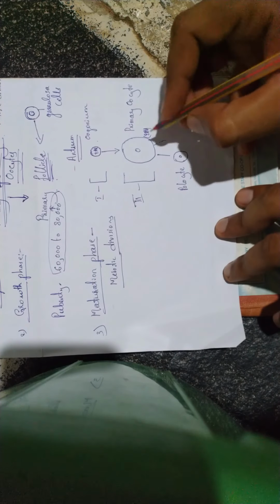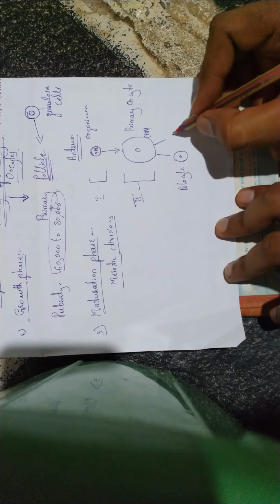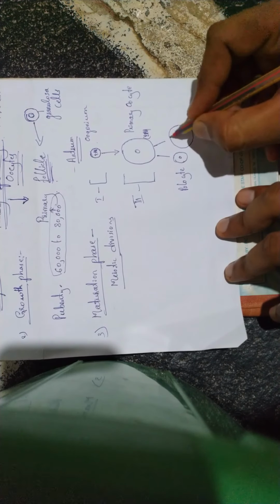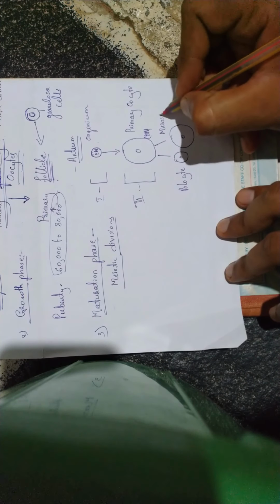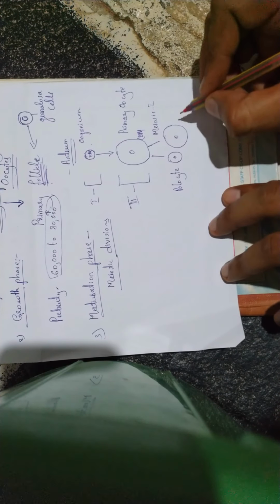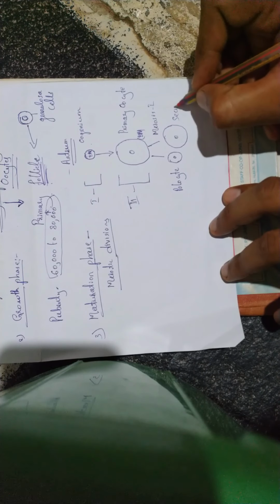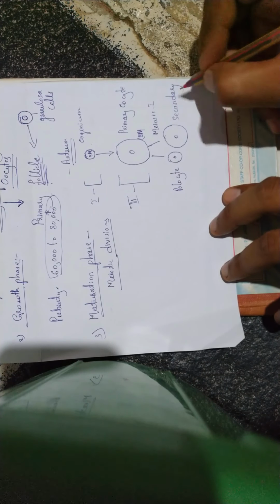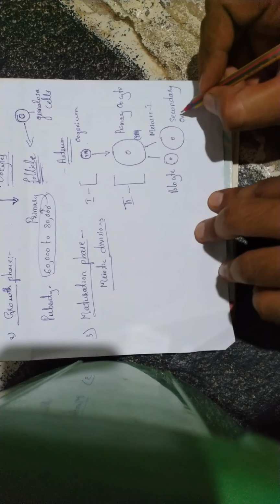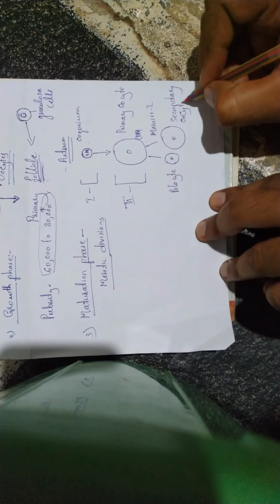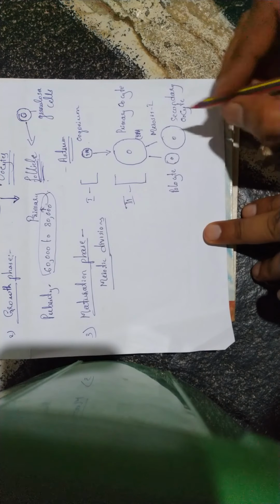The second one is a large secondary oocyte.